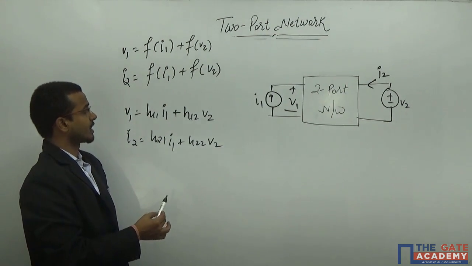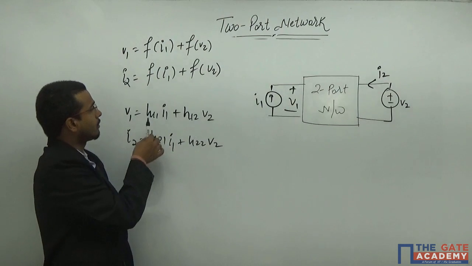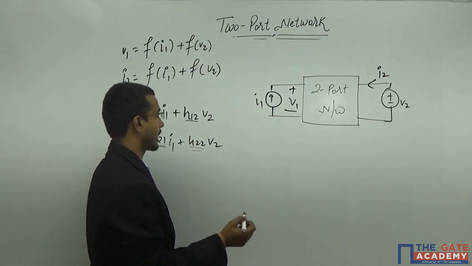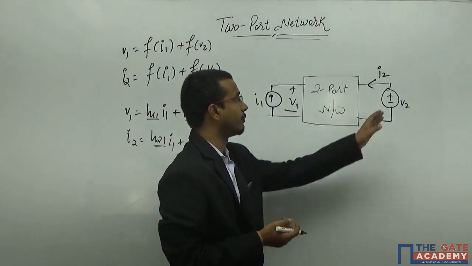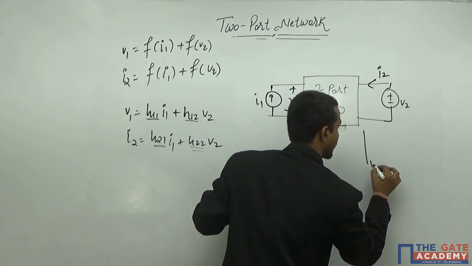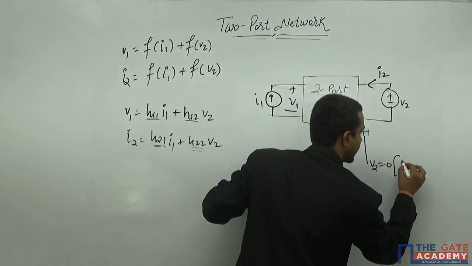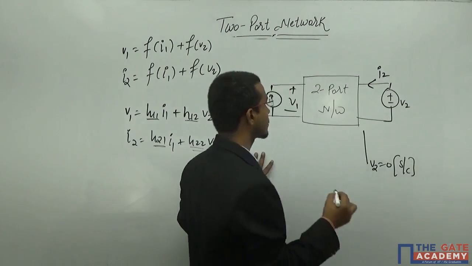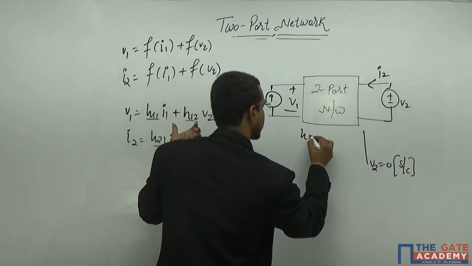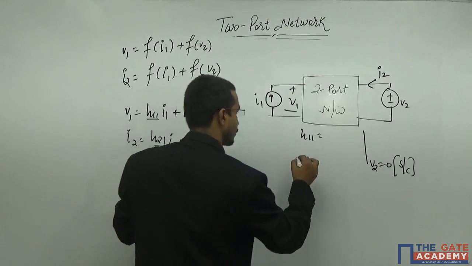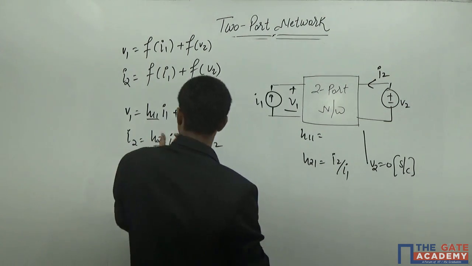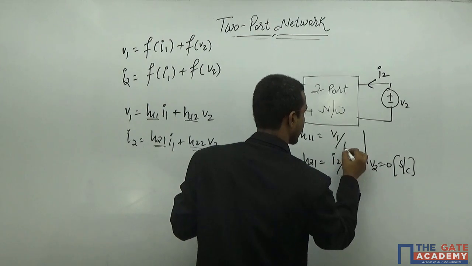Now again, just try to calculate all these constant values. Firstly I will remove this side, I will short this. That means I am applying homogeneity: V2 equals 0, which means a short circuit. And I will calculate the value of H11 and the value of H21: H21 is I2 by I1, and H11 is V1 by I1.